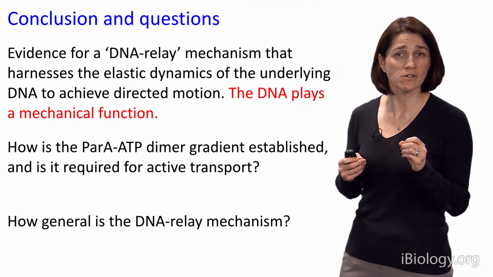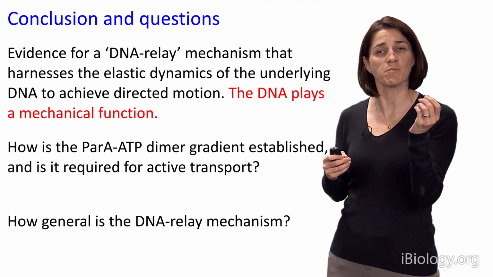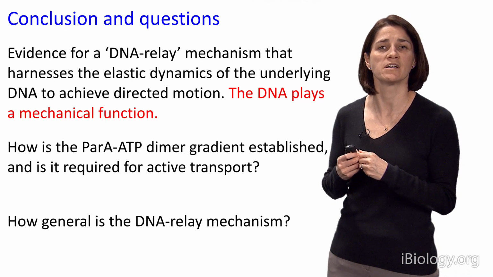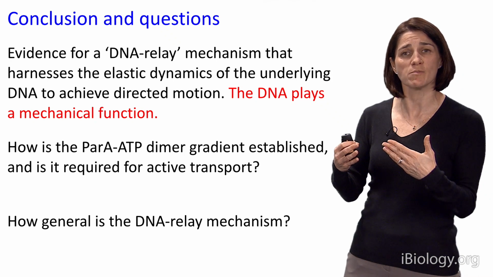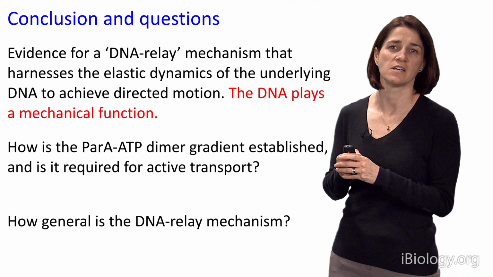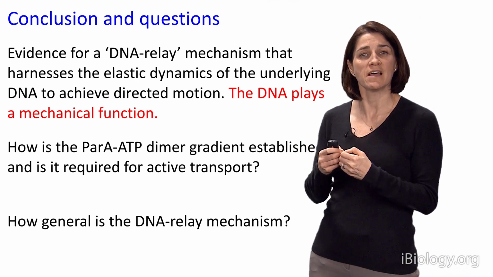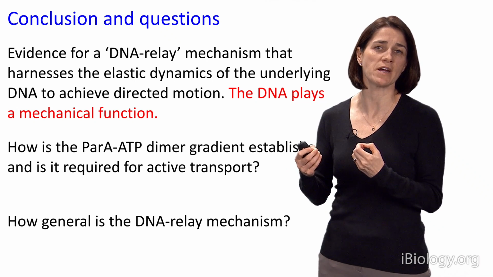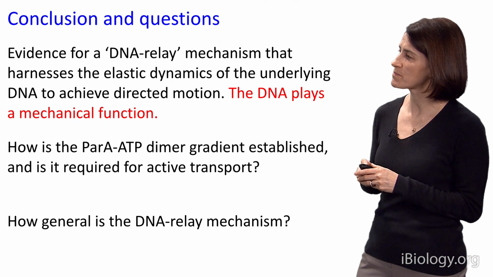And it has also been shown that they are true in eukaryotic cells, where chromatin displays elastic dynamics in nuclei. So it is likely that those elastic dynamics of the chromosome are a universal property of DNA that is in a confined space. Furthermore, every time it was tested, it was shown that the DNA binding activity of ParA is conserved, which would be important for this DNA relay mechanism.